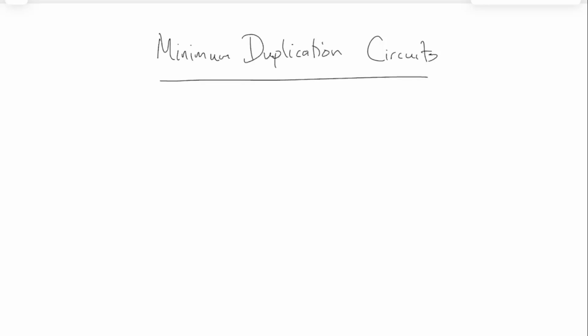Anyway, minimum duplication circuits. I'm going to write MDC. This is what we started talking about towards the end last time. The idea here is these are a circuit which uses all edges while repeating as few as possible.